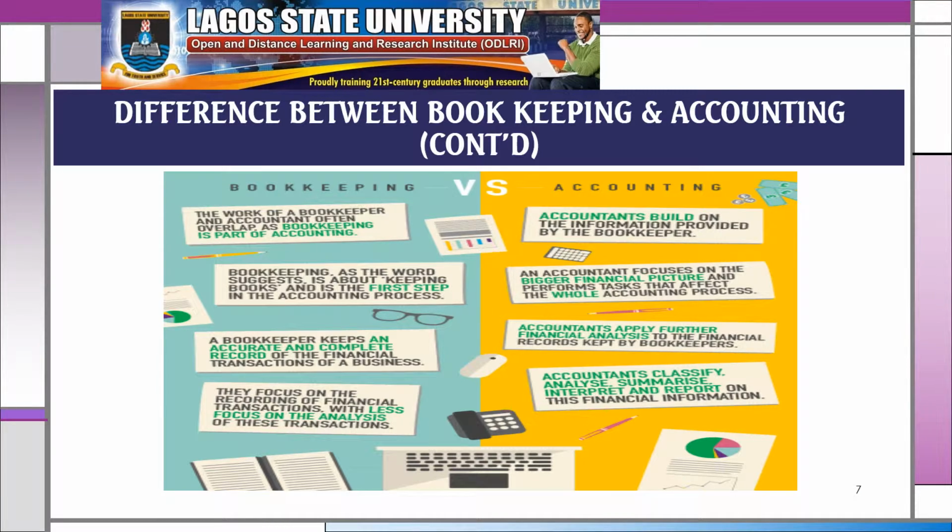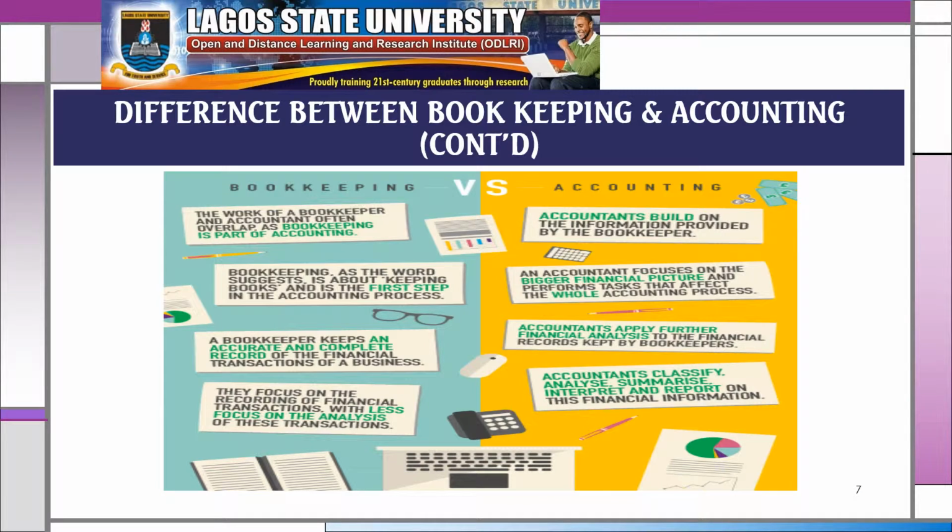Again, bookkeeping, as the word suggests, is about keeping books and is the first step in the accounting process. Again, a bookkeeper keeps an accurate and complete record of an organization relating to the financial activities of a business.